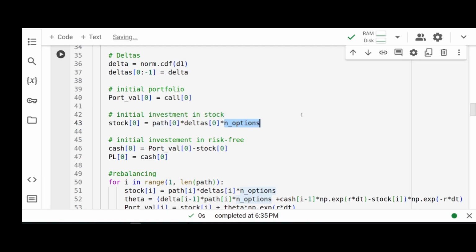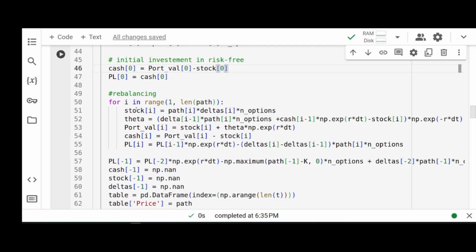So the initial investment in the risk-free asset means the initial portfolio minus the value invested in the stock. And our P&L will be this one initially, which is cash 0. So this is rebalancing. For example, when i is equal to 1, that means at t is equal to 1, this, and at t is equal to 2 up to t is equal to maturity, we will apply the rebalancing step.